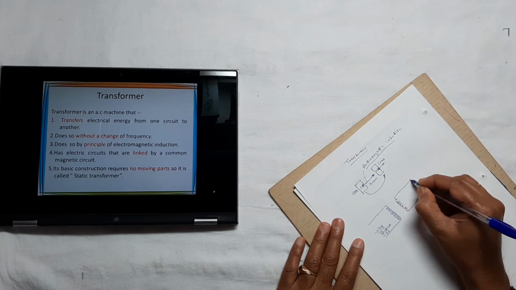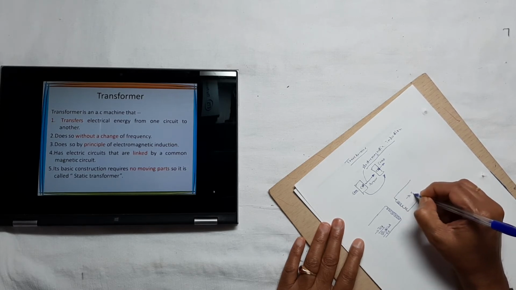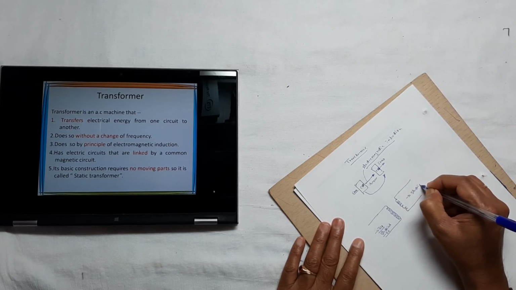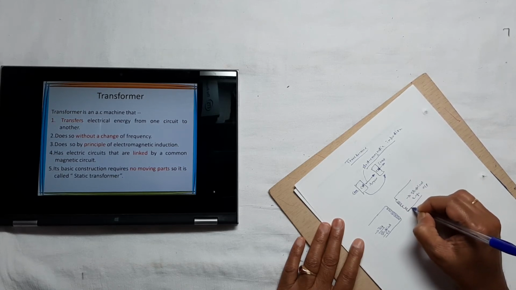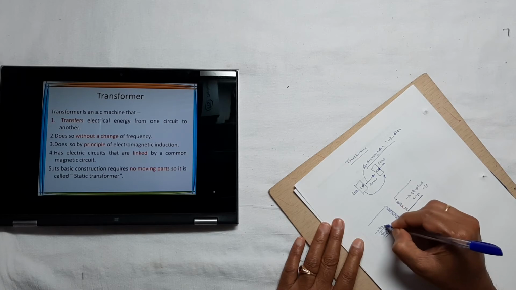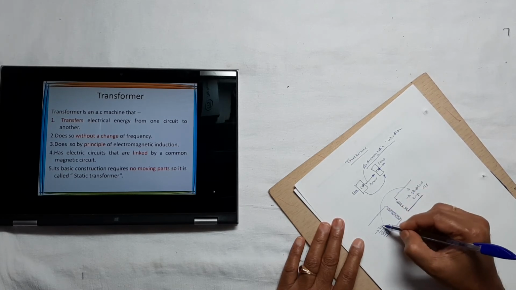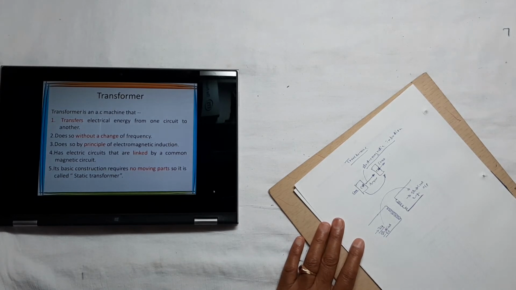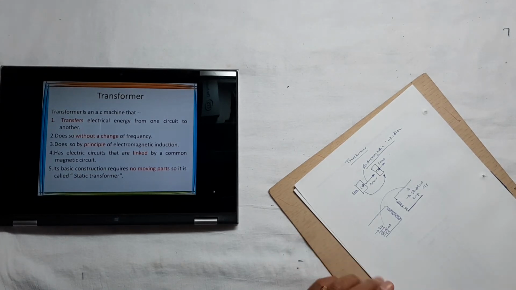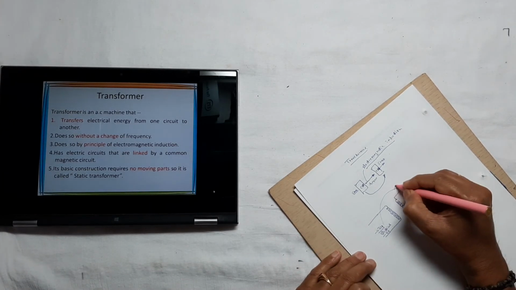That is, what I am getting is the electrical energy output from this circuit. Means the electrical energy is transferring to the second circuit. This transferring takes place because of electromagnetic induction.